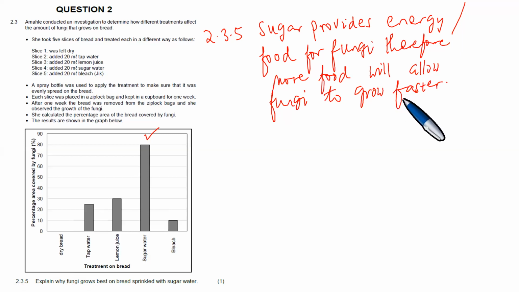In other words, we agree that the sugar itself is food for fungi, and therefore more food will allow the fungi to grow faster. Also, the sugar provides energy. So those are the reasons why we can see the bar in the bar graph growing the most where we have sugar water added. Okay, next question.